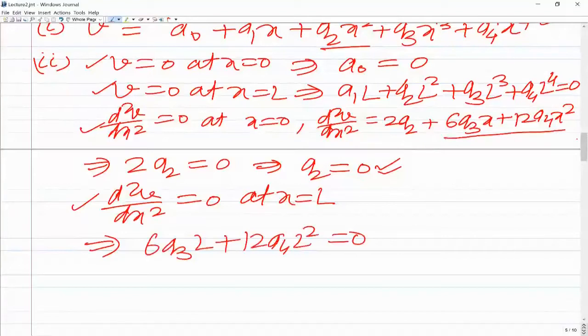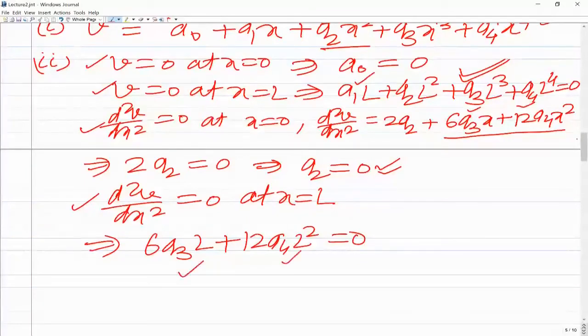Now if you look at this particular equation, you can put a2 equal to 0, so it would be in terms of a1, a3 and a4. This equation is also in terms of a3 and a4.